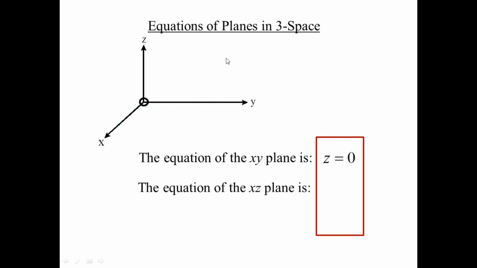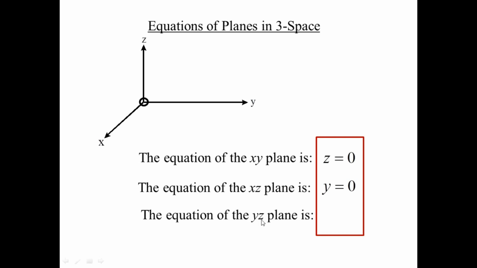How about the plane, the XZ plane? The XZ plane is this wall. There's a picture of it. And so as long as y equals 0, we're on that plane. So the equation of that plane is y equals 0. And there's one more to discuss here.